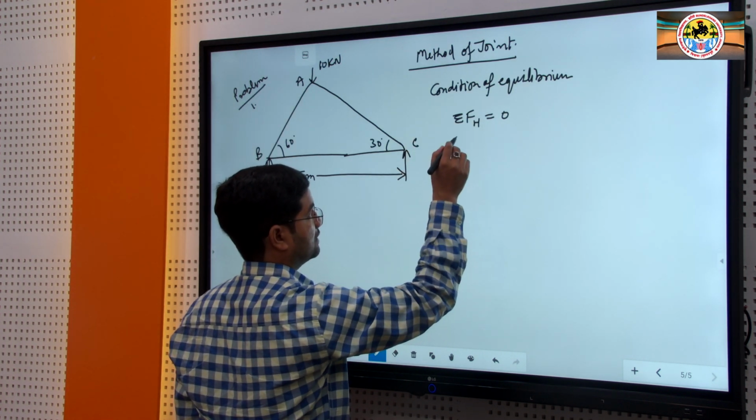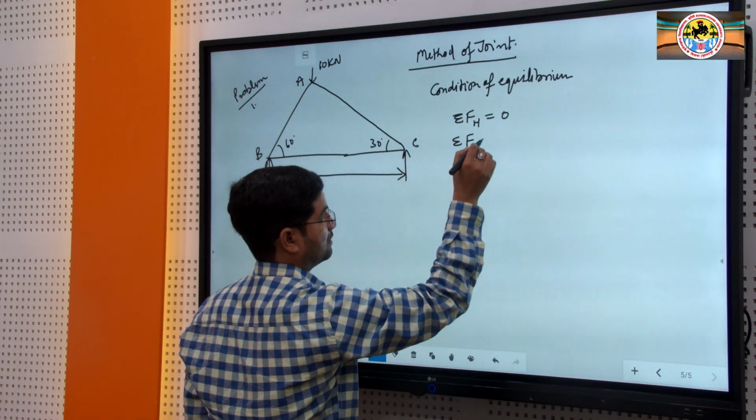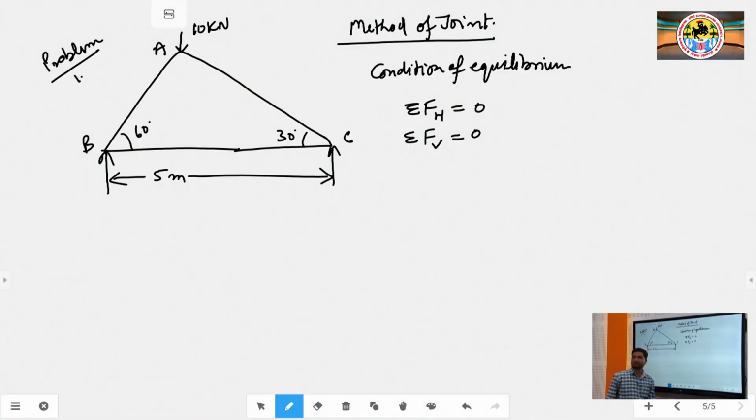Again the second condition, that is the algebraic sum of the vertical forces should be equal to 0 under equilibrium condition. So, apply this condition. Here there are two forces at B and C, the supports. I am taking this R B acting in upward direction, so we consider it positive, and at end C also there is a force acting upward, so we consider it also positive.